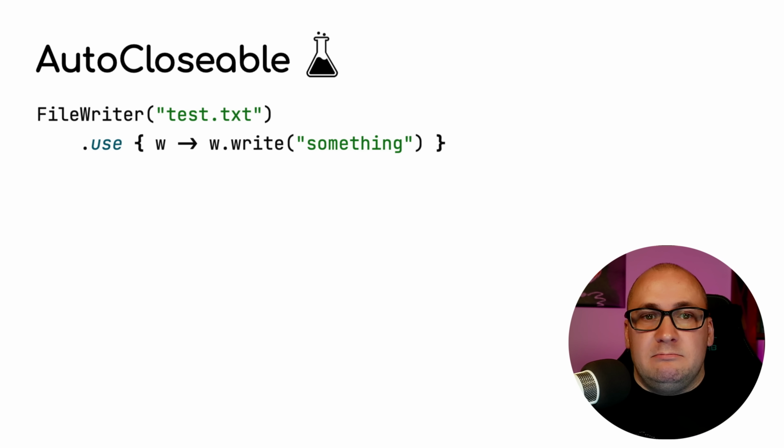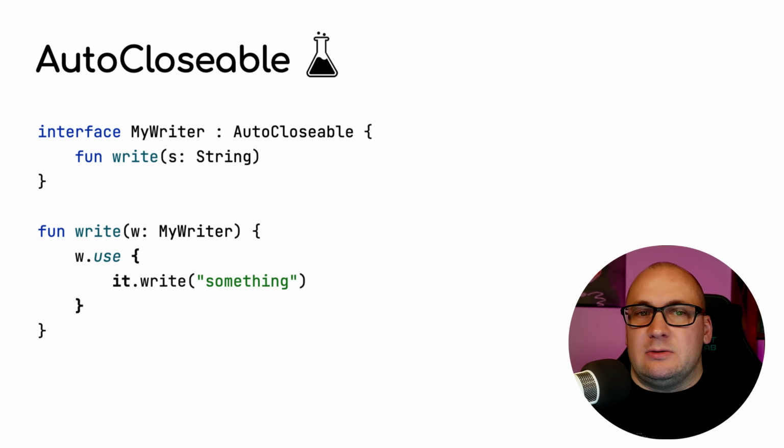In addition, the use extension function is now available on all platforms. This function executes a given block on the selected resource and then calls the close method. This is probably not new for those who have used Kotlin for JVM projects, but it is rather a consistency improvement for Kotlin Multiplatform projects.